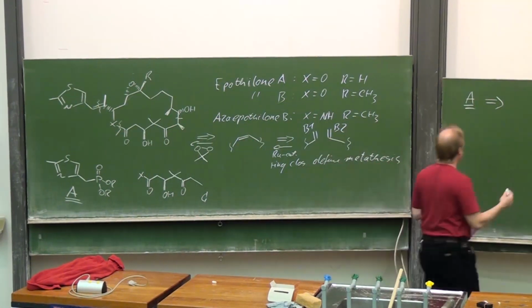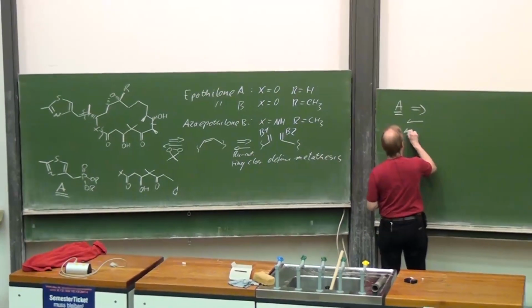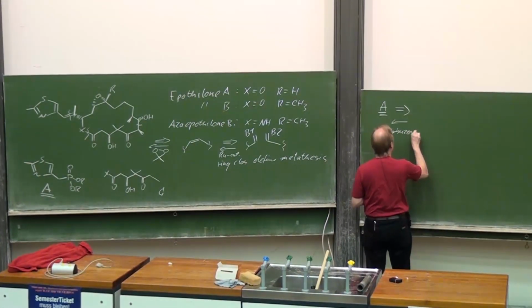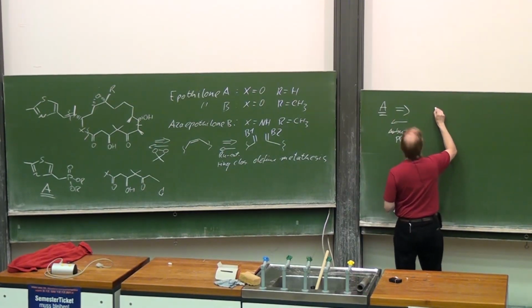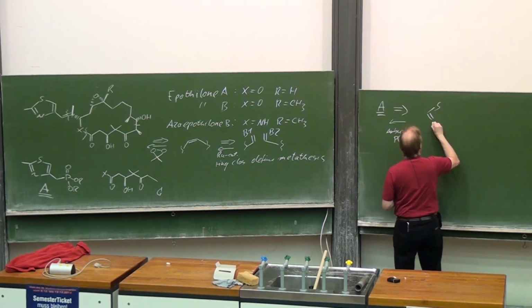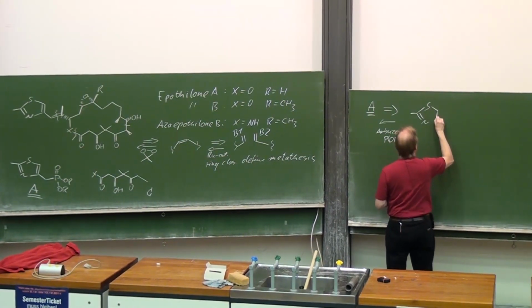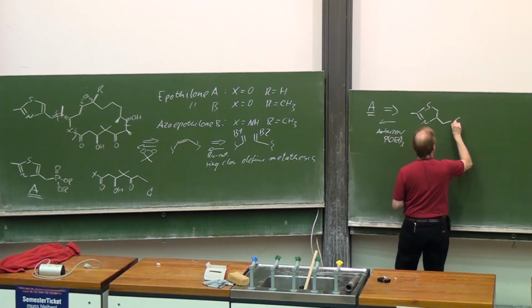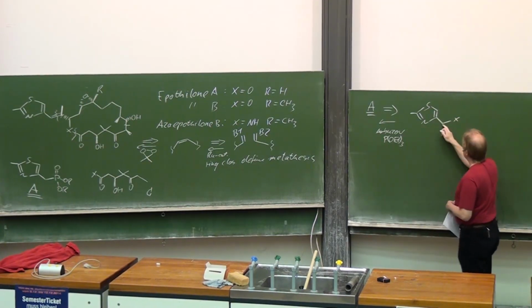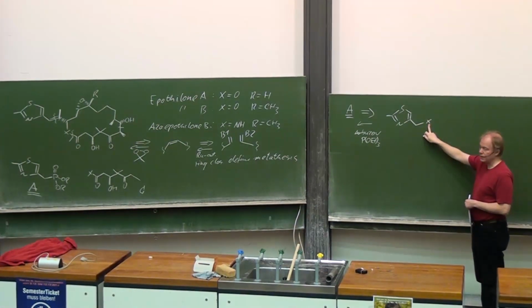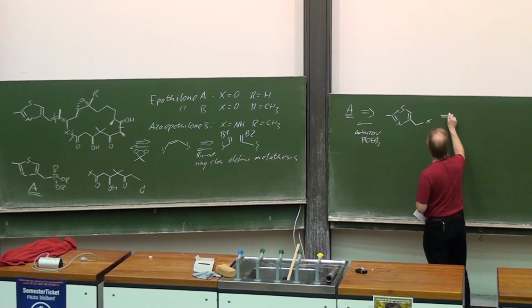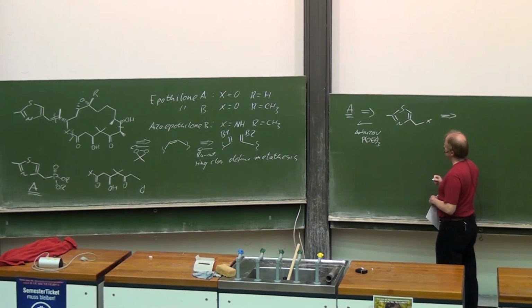And that means, so Arbuzov, you need a leaving group X here. And that makes the analysis of that structure rather easy.